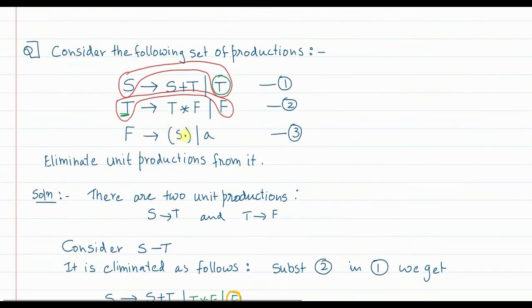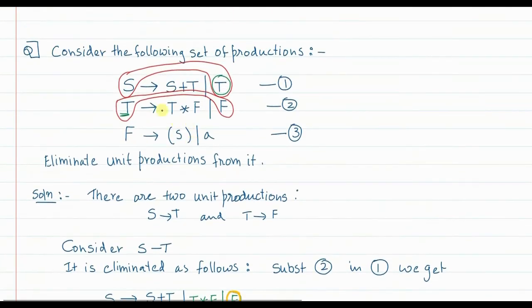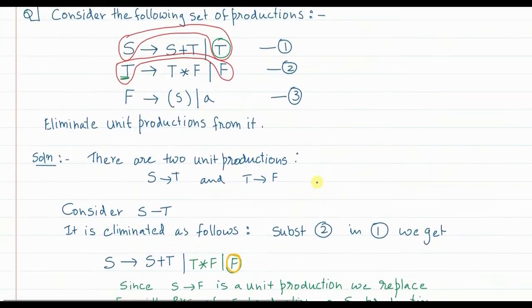It is bracket S, close the bracket, slash A. I will call this equation 4. So this is the final S production.